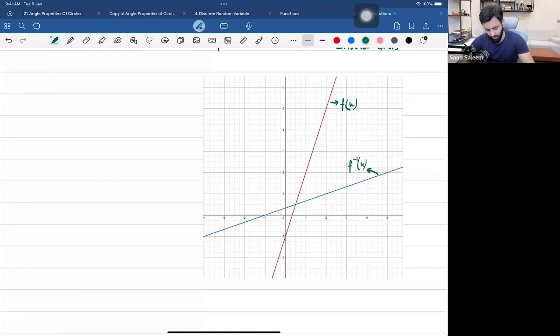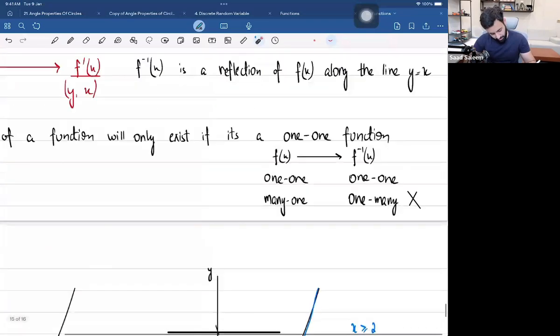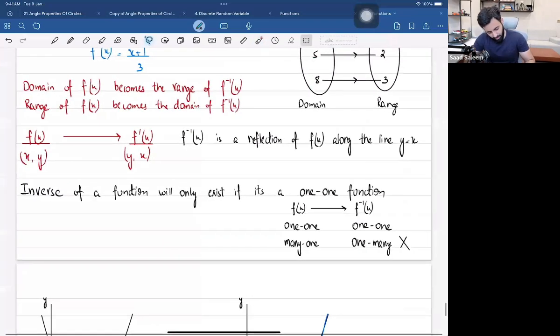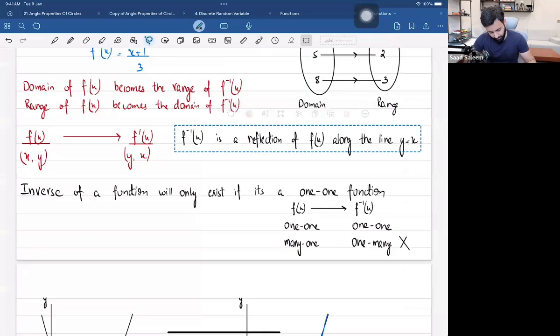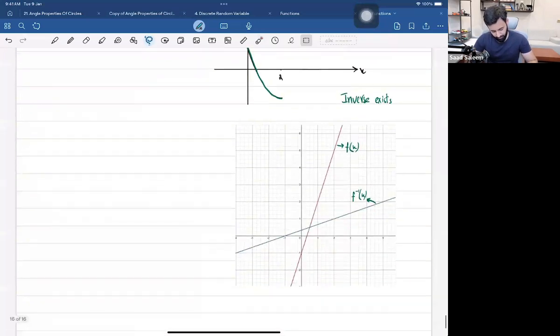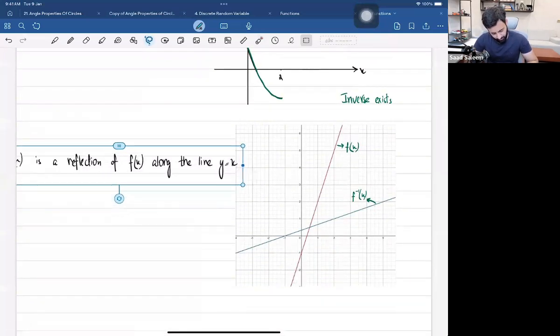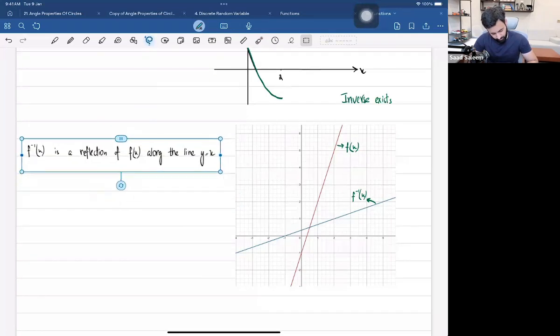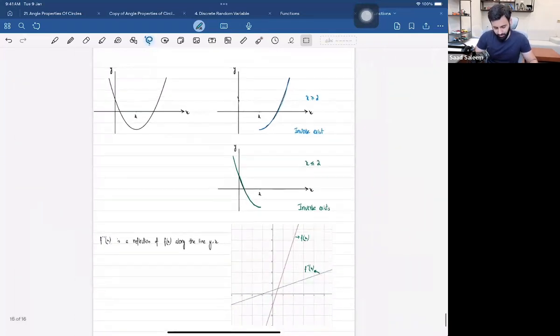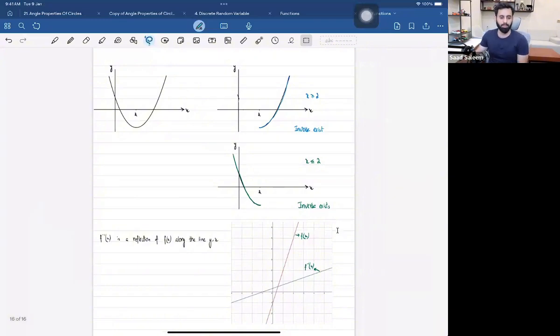So you can see that the two are reflections of one another along the line y equals x. इसको मैं यहाँ पे भी लिख देता हूँ. Yeah, I'll zoom out here, take a look, and let me know when you're done so we can do some examples as well.